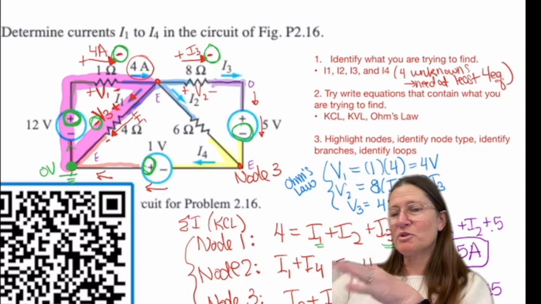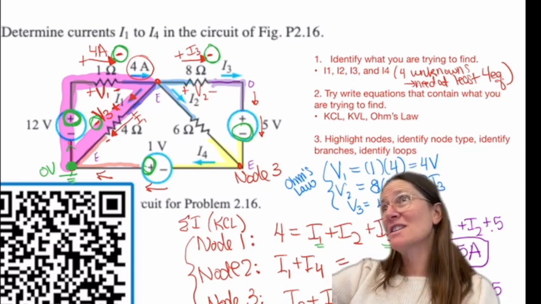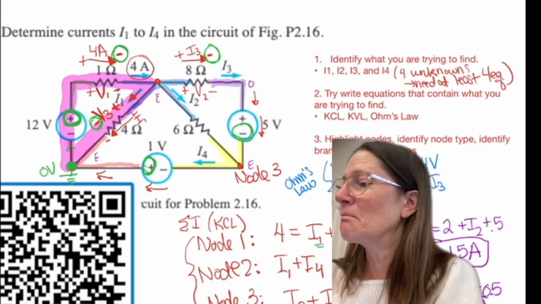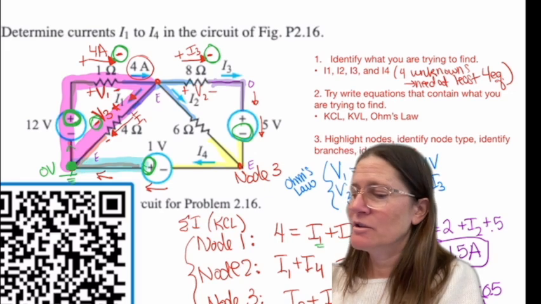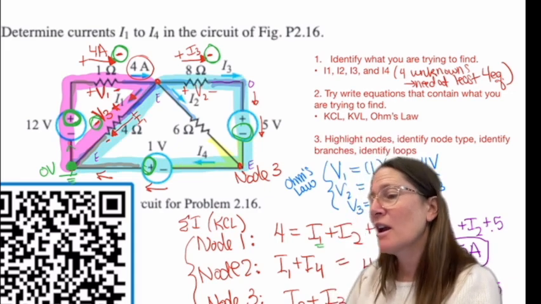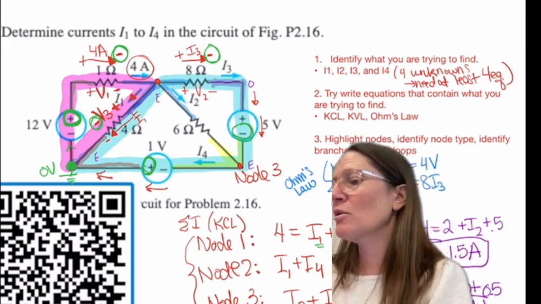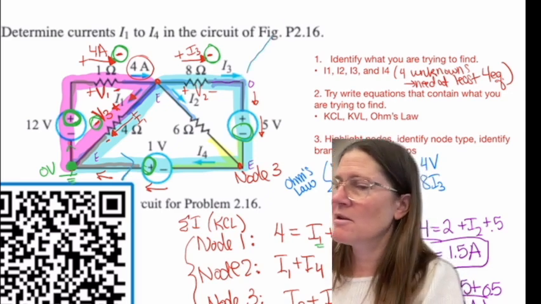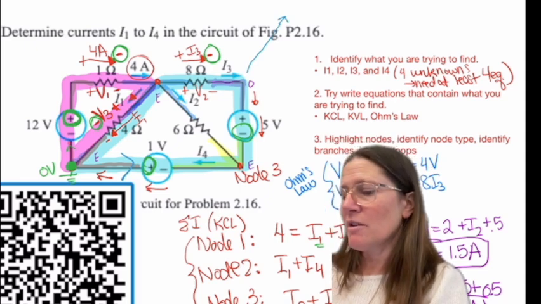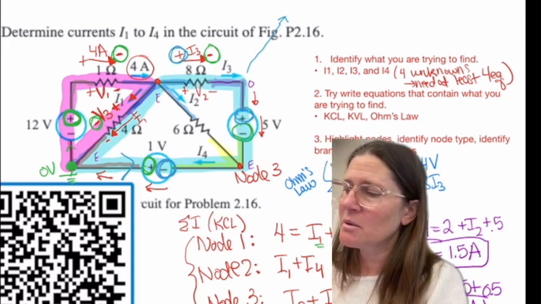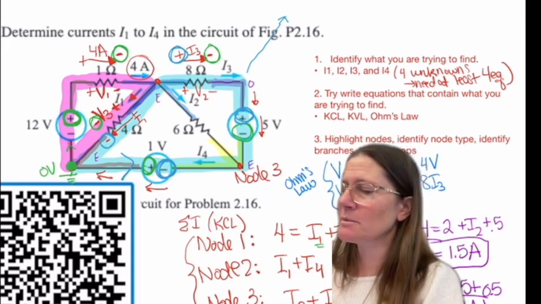So again, it's your perspective. If I go to the right instead of to the left, let's write that one. Let's say I go through this loop, and this time I'm going to go in this direction. If I do that, then I'm going to have a minus here, plus here, and a minus here.